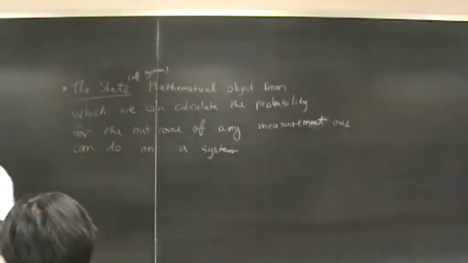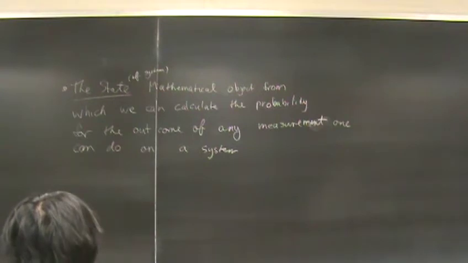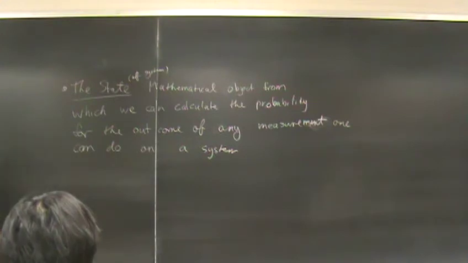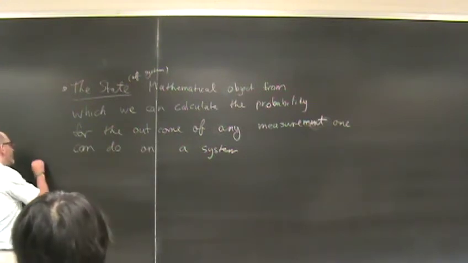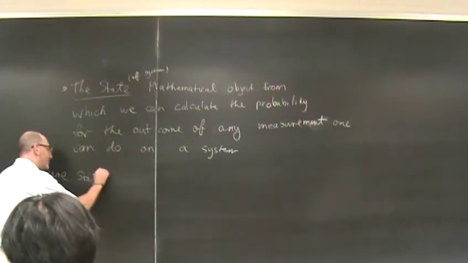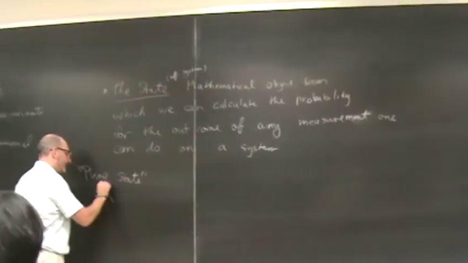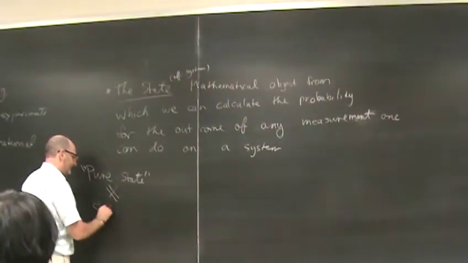Now, there's a particular subclass of states which you may or may not have heard about before, which I'm going to call pure states. Pure states should not be confused with, and is not the same word as, eigenstate. That's not what I mean.